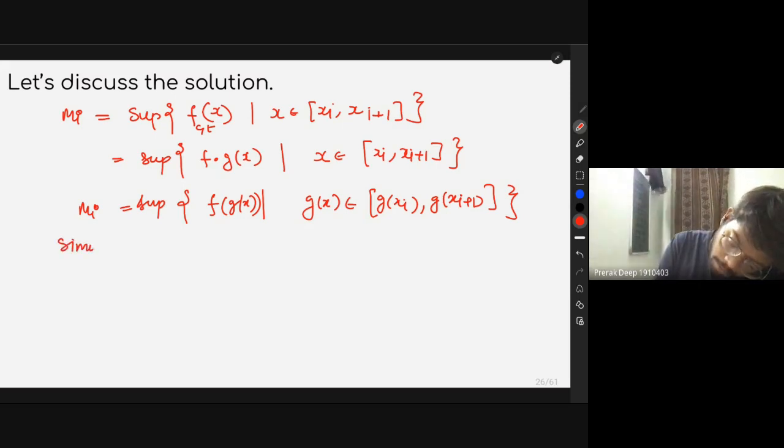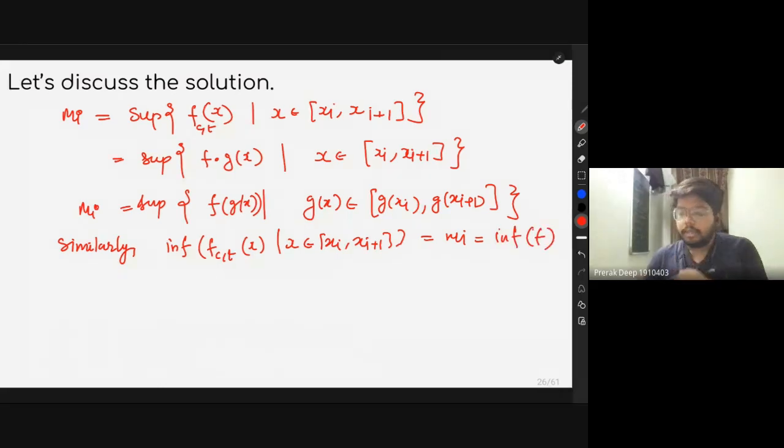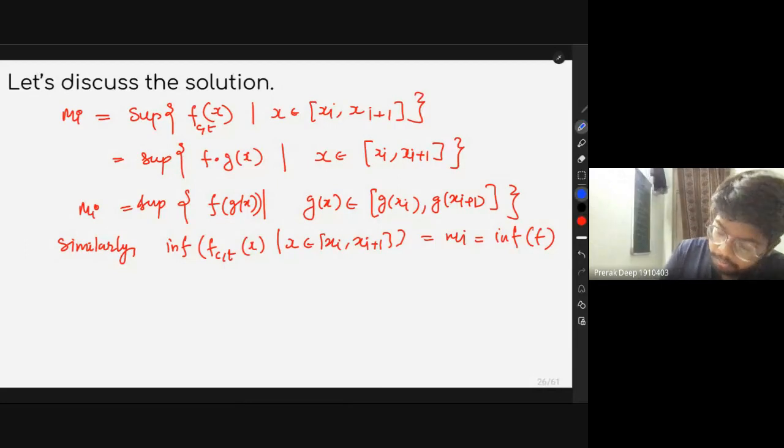Similarly, the infimum of f_c_t, of x_i from x in this interval, small m_i will be same for the infimum of f. So these things are gonna be same.